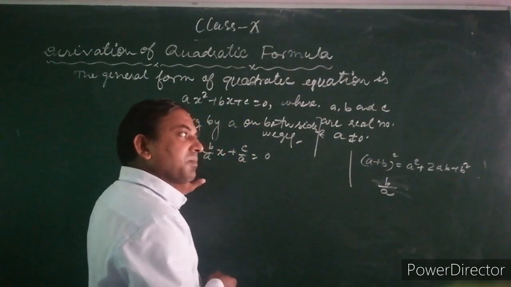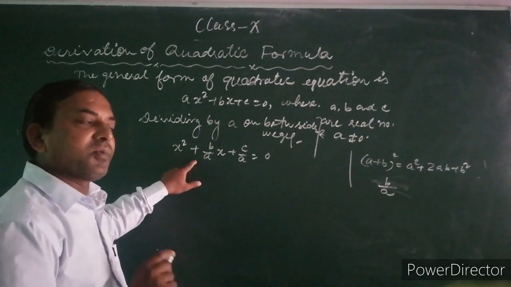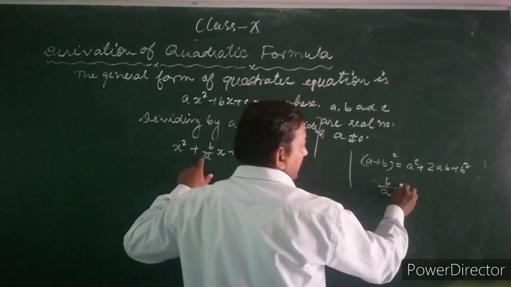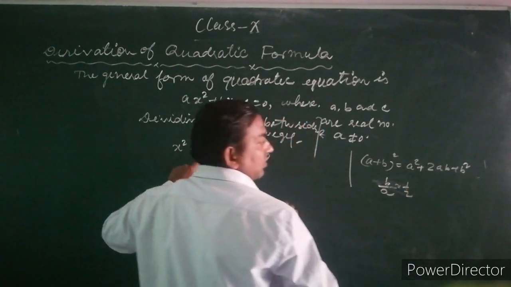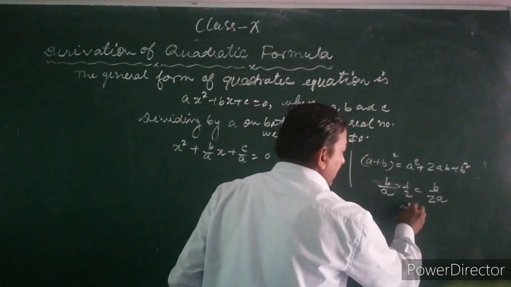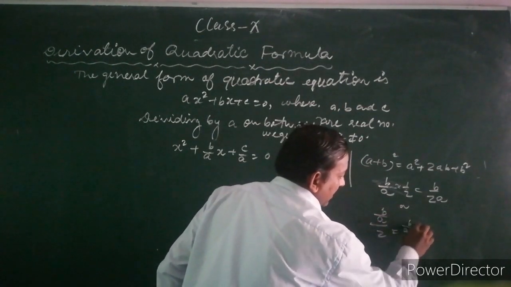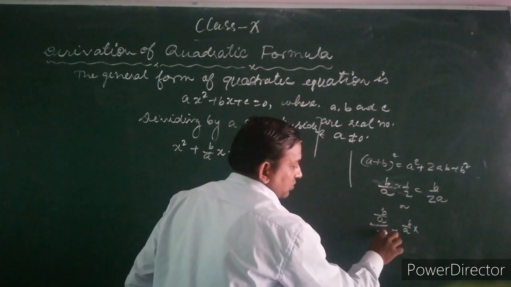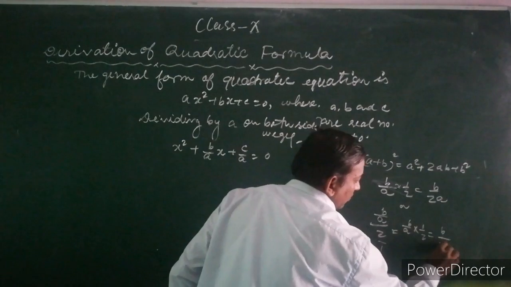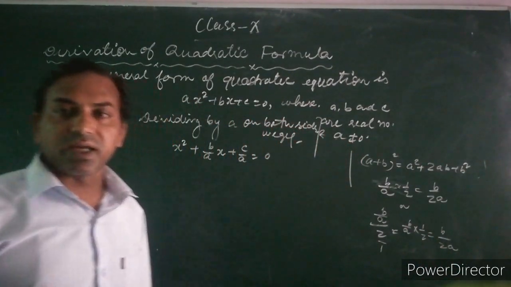The division of b upon a by 2 is the same as the product of b upon a and 1 upon 2. So b upon a into 1 upon 2 is b upon 2a. It is half of b upon a is equal to b upon 2a.